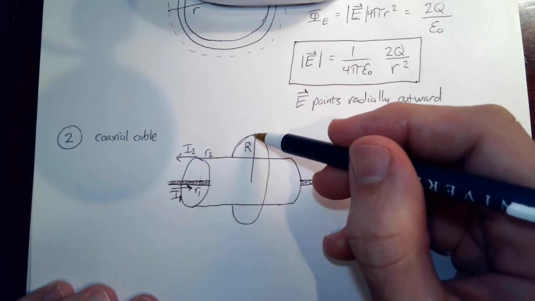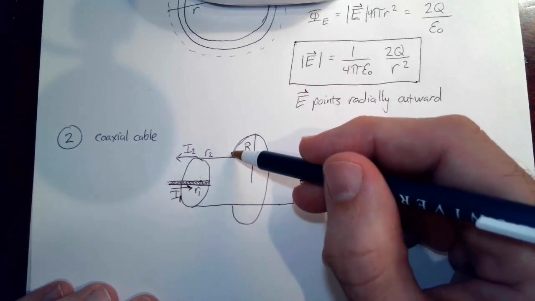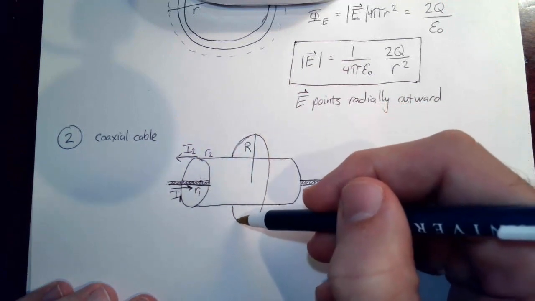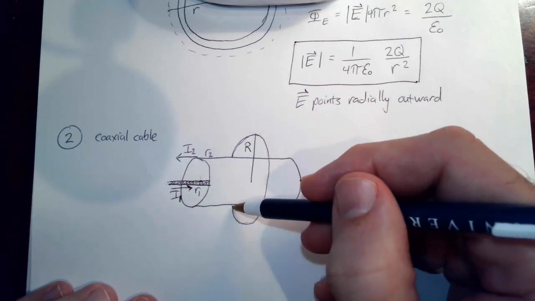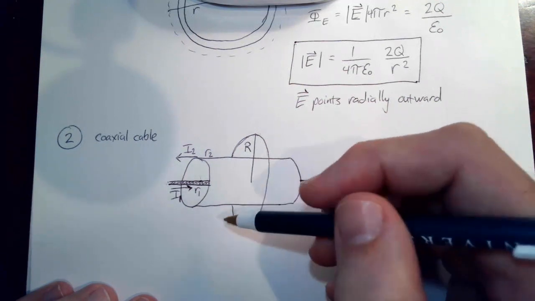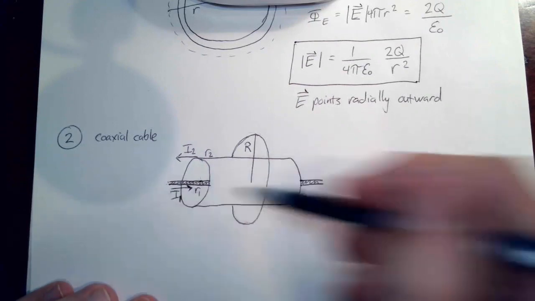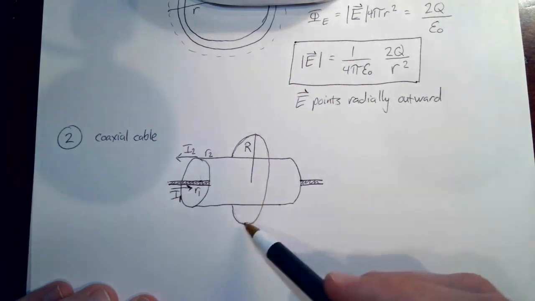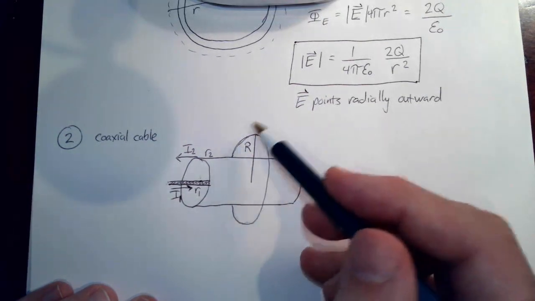And here we're going to apply Ampere's law. And remember that Ampere's law tells us that the magnetic field strength along this loop is proportional to the amount of current that pierces through the loop. So imagine the soap bubble that fills this hoop here.